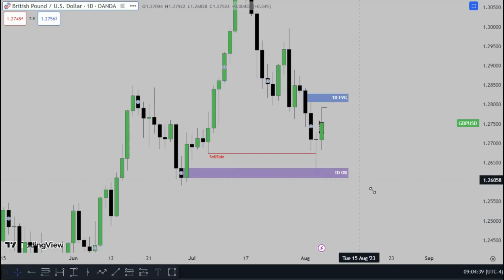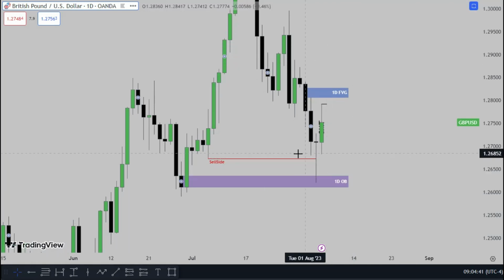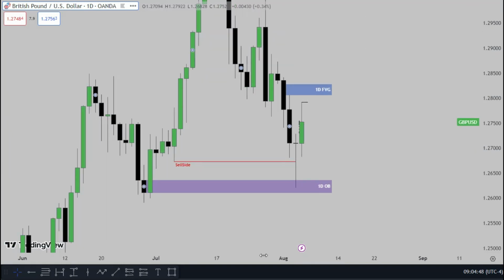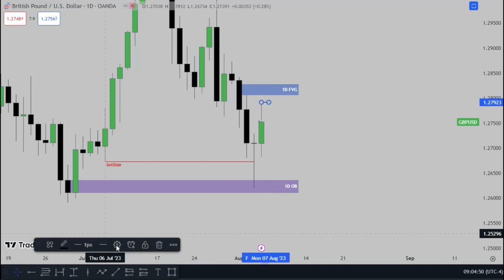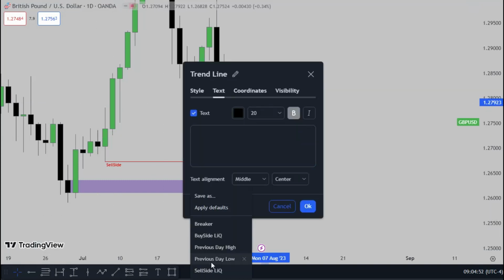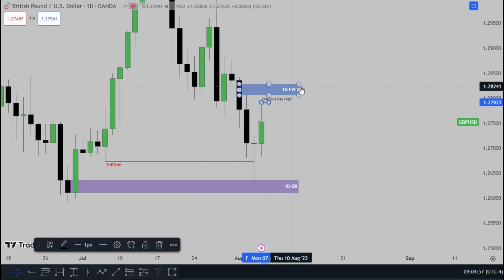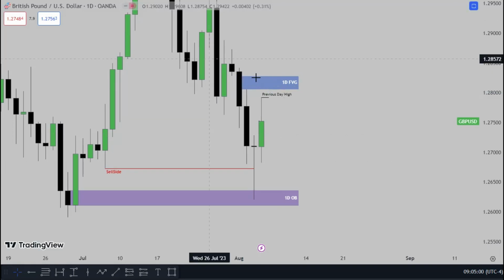Price managed to hit this order block right here, and now this is a form of indication that tells me the price is bullish, and my first target would be the previous day high, which is pretty much this candle right here, and the 1 day fair value gap above, right? So I'm expecting, or looking to see, price potentially reach this fair value gap zone right here, which is also supported by this other block right here, right?